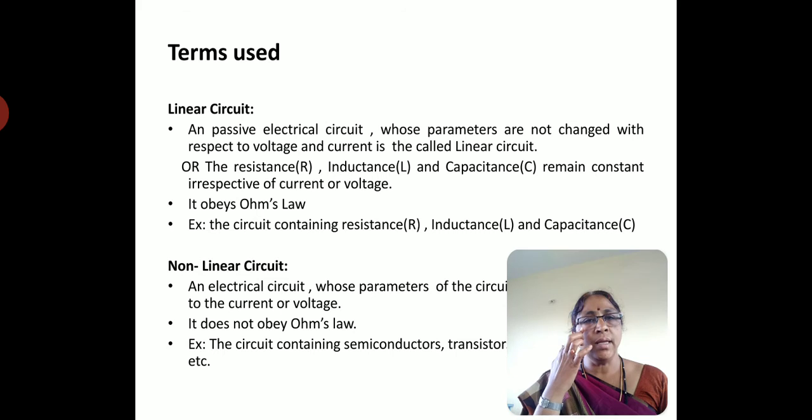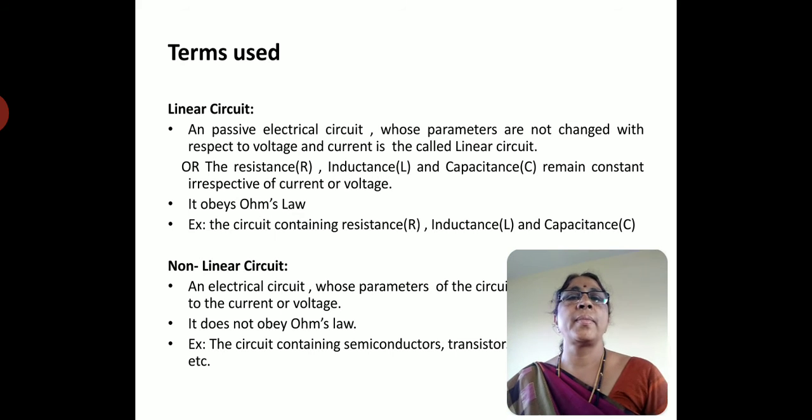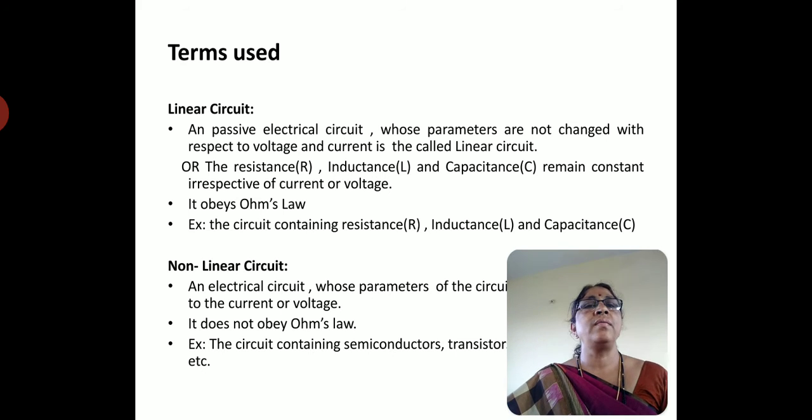A linear circuit is a passive electrical circuit whose parameters do not change with respect to the voltage or current. Its parameters do not change with the variation of voltage and current, hence it is called a linear circuit.